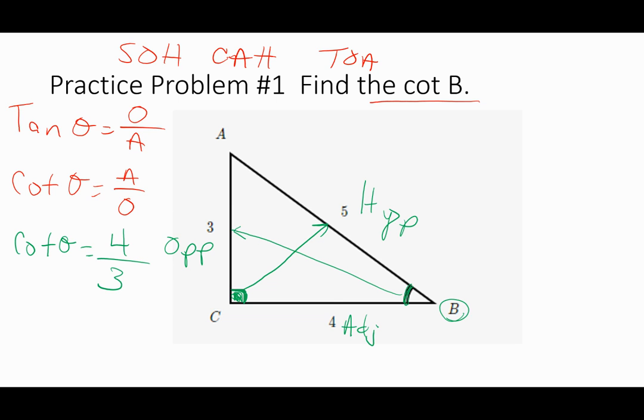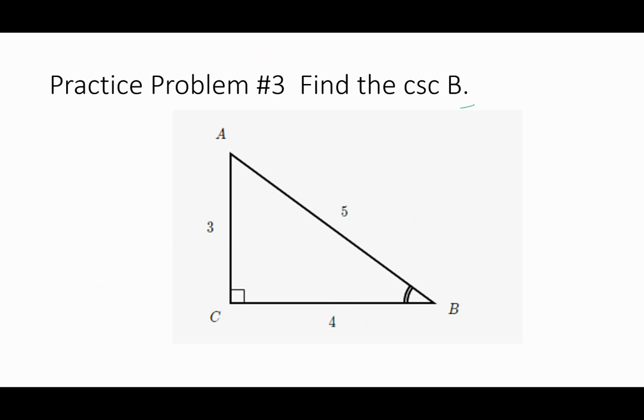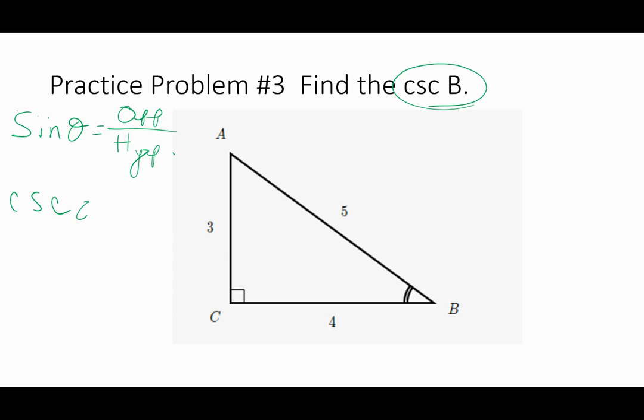Looking at our cosecant, it is associated with our sine. Sine of theta is our opposite over hypotenuse. So cosecant of our angle measurement is going to be hypotenuse over opposite.